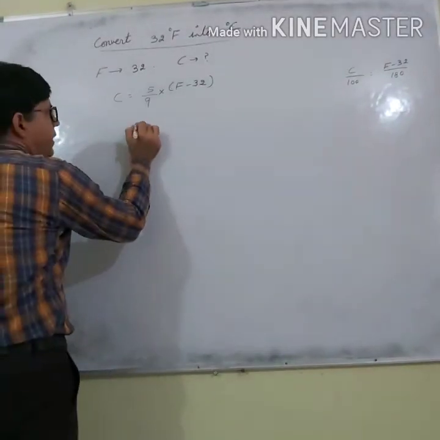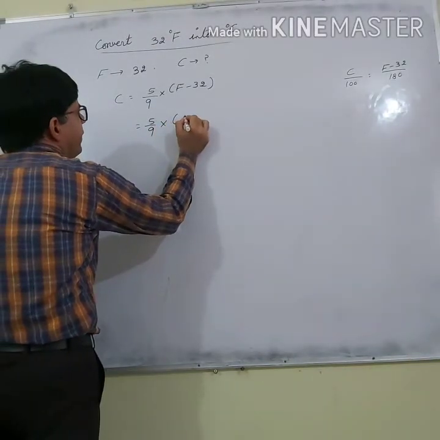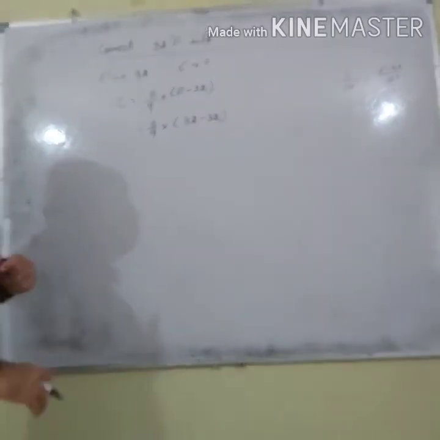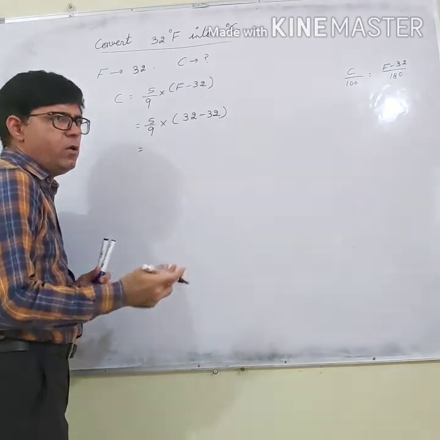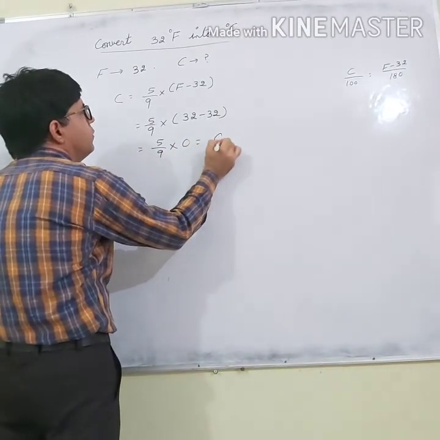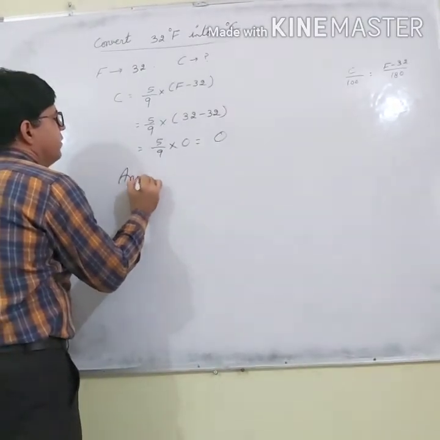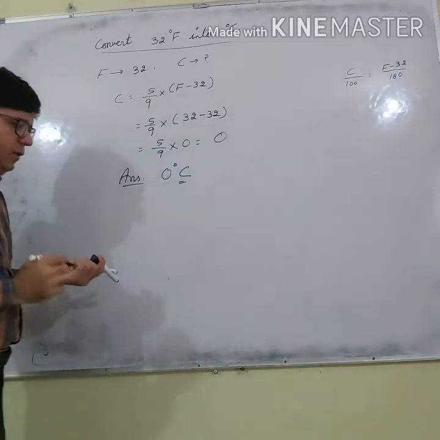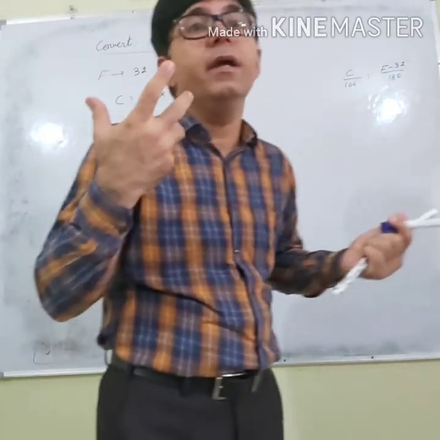So put it here, 5 by 9 multiplied by, in place of F write 32, 32 minus 32. How much? 10? No, it's 0. So 5 by 9 multiplied by 0, answer is 0. So what can I say? Answer is 0 degree Celsius. So 0 degree Celsius means 32 degree Fahrenheit.